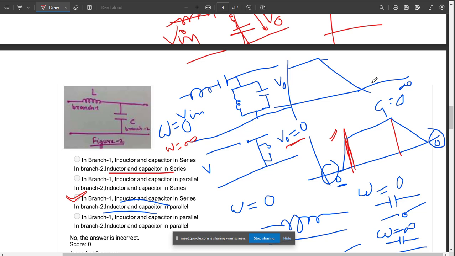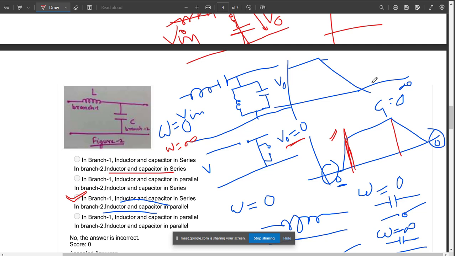So that option will not be counted, because frequency will be between 0 and infinity, and in between, we know the characteristics of a band pass. In between, we do not want the output to be 0.